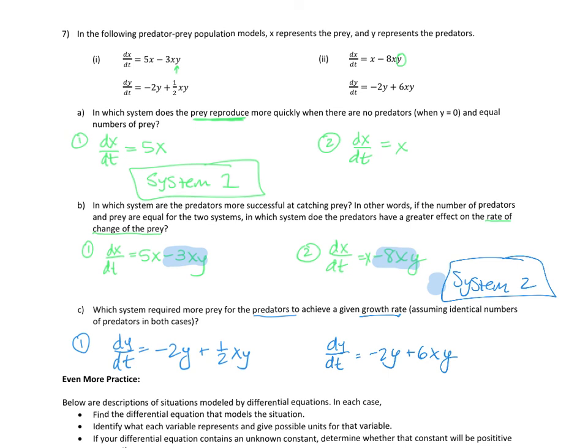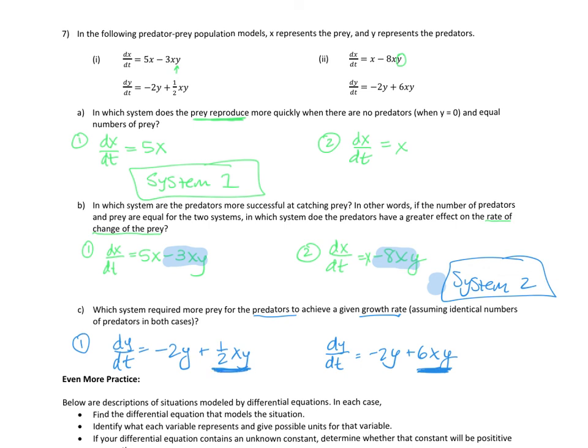So every time the predators and prey interact, we model that with an xy term, and it has a coefficient of 1/2. In the other system, interaction seems to benefit the population growth rate more because of the 6xy. Okay, so we're looking at the interaction term.